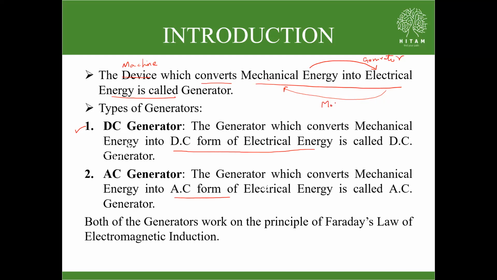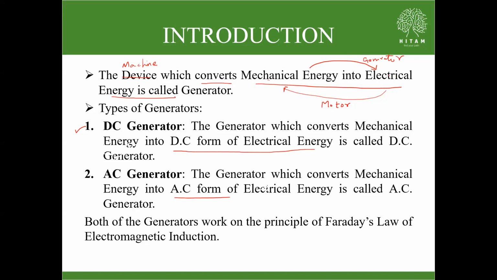If the output of generator is in the form of DC electrical energy, we are calling as DC generator. Similarly, if the supply provided as input for the motor is DC, that will be called as DC motor. If you provide AC supply as an input for the motor, then it will be called as AC motor. If the output of generator is in the form of AC, then that kind of machine is called AC generator.